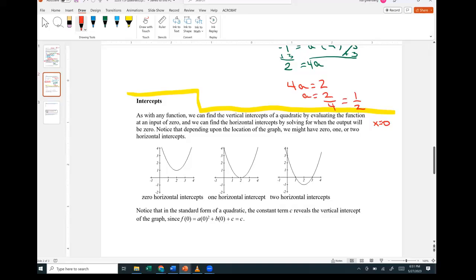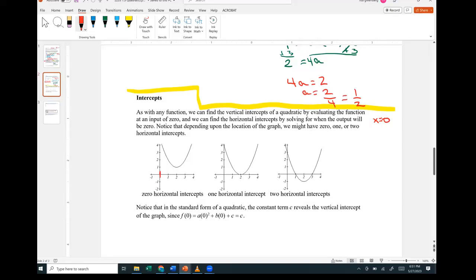Anytime x equals 0, we're going to be on our vertical. Notice that depending upon the location of the graph, we might have 0, 1, or 2 horizontal intercepts. Obviously, this has 0, this has 1, and this has 2.